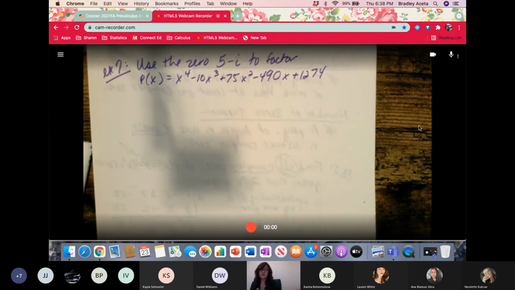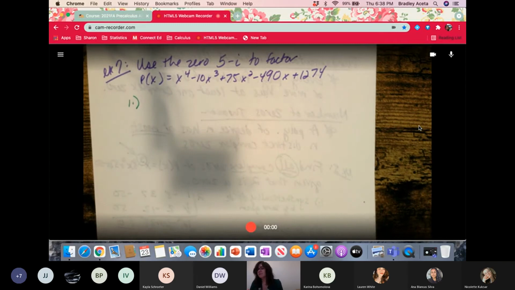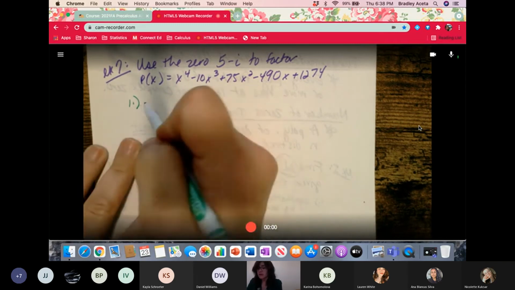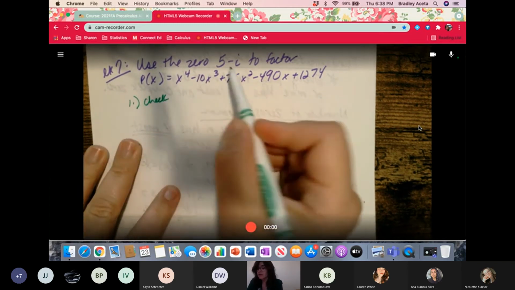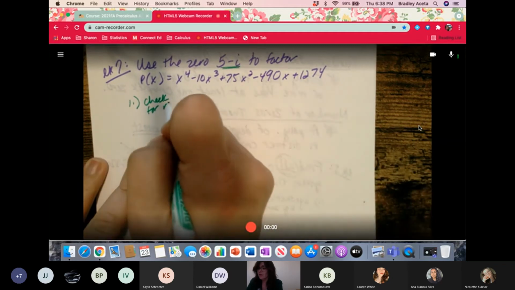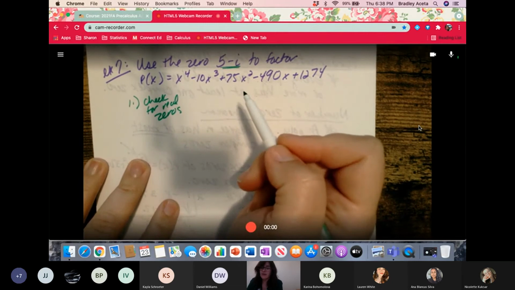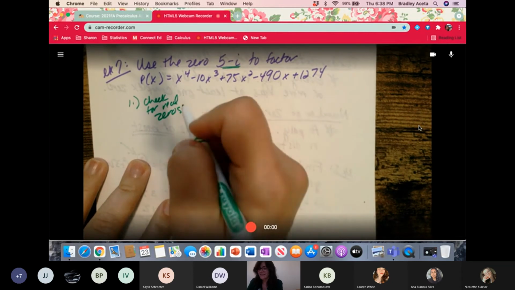And I'm going to have to use a whole side of paper just for this. But the first thing I would probably do is go in my calculator and check to see if there's actually any real zeros, because I don't want to divide by that. Check for real zeros. I hate to tell you, there aren't.